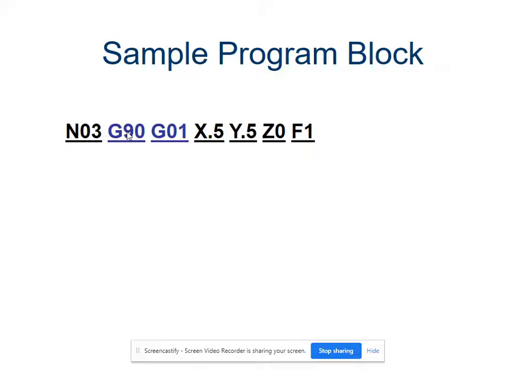Okay, so it's going to start over here. It's going to move over here and come down to 0, at a speed of 1. You can change that feed rate, and we're going to have different feed rates in here.